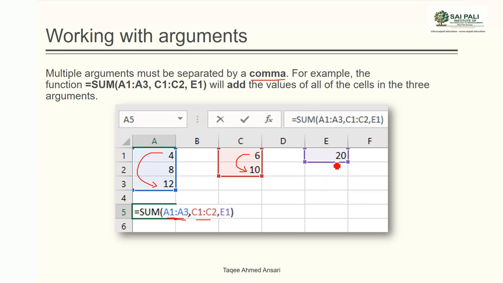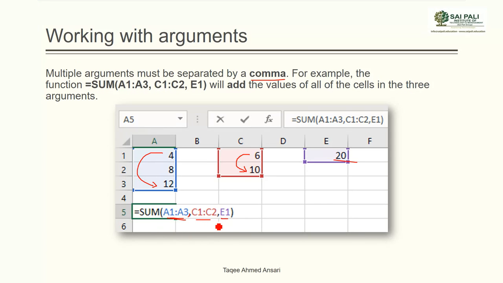Then I can mention a single cell also. It takes multiple arguments, but multiple arguments must always be divided by a comma.